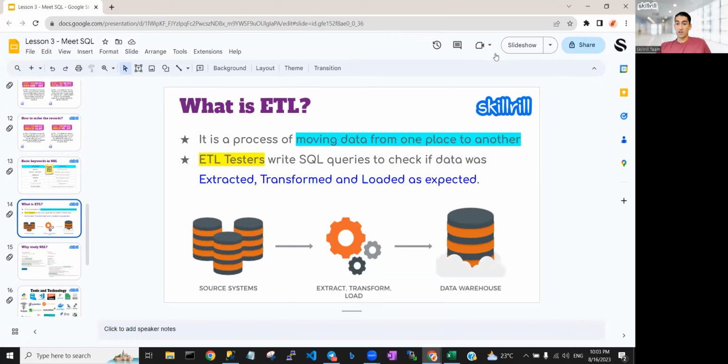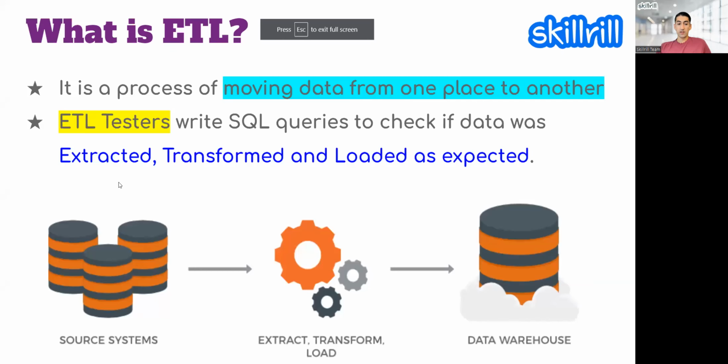If you look at this particular diagram or the workflow here, we have the source systems, let's say a bunch of smaller databases, and millions of records and tables there, and that information is extracted, transformed, and loaded to data warehouses.